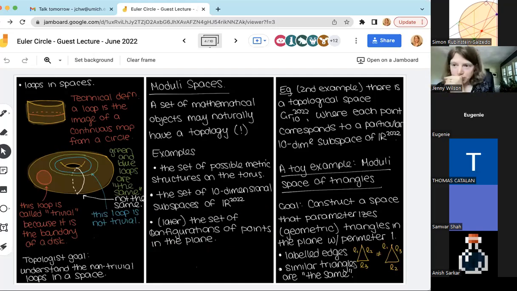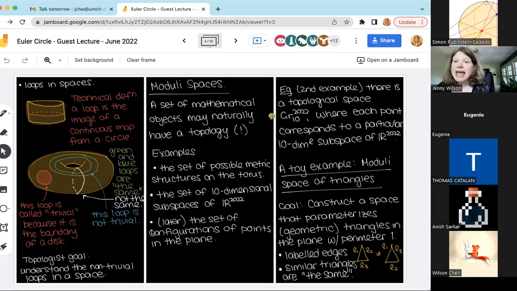So again, to bring home what I'm trying to say with these examples, in this example of the set of 10-dimensional subspaces in this massive dimensional Euclidean space, what I mean by that moduli space is, there's some topological space. I have a set with a topology, and in this topological space, every point corresponds to a particular 10-dimensional subspace of R to the 2022.